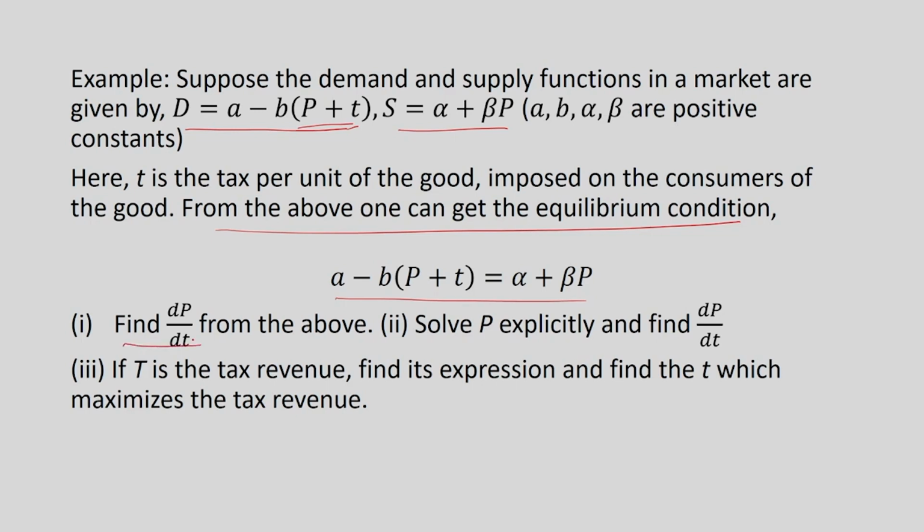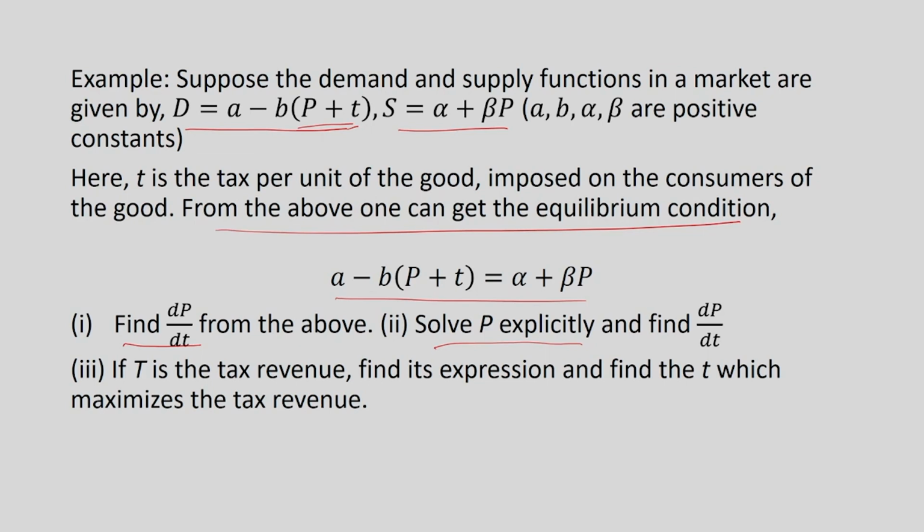First, find dP/dt from the above, that is, how much does the price change with respect to t. Secondly, solve for P explicitly and find dP/dt. And third, if capital T is the tax revenue, find its expression and find the t which maximizes the tax revenue.